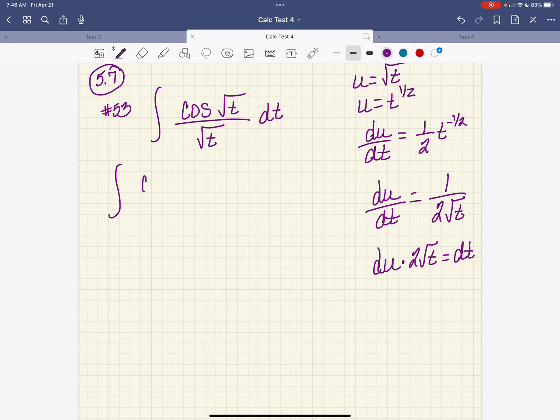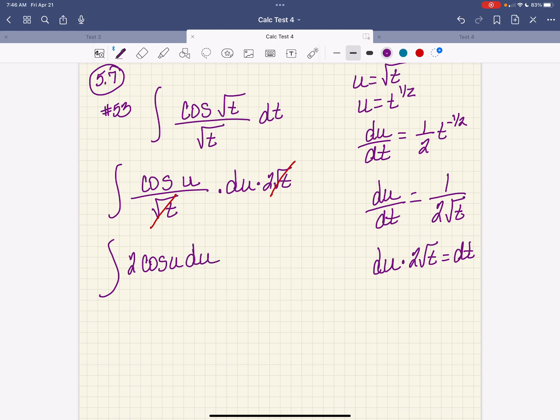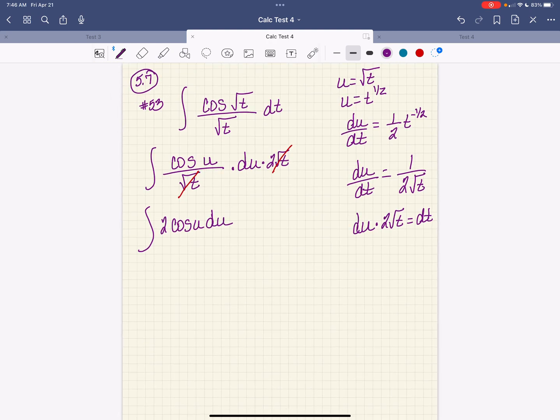So I have the cosine of u over the square root of t, then I substitute for dt, which is du times 2 on the square root of t. Then our square roots of t cancel, and we are left with 2 cosine of u du. That is an integration we can do pretty quickly.